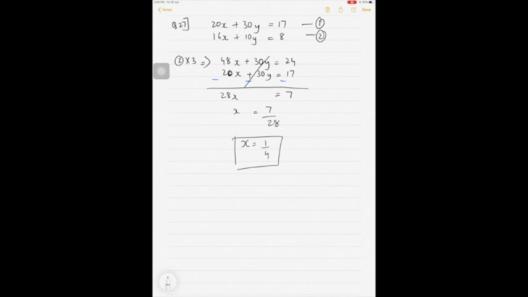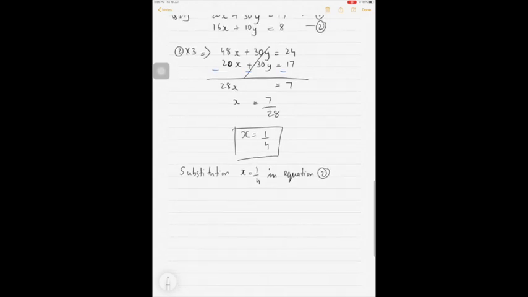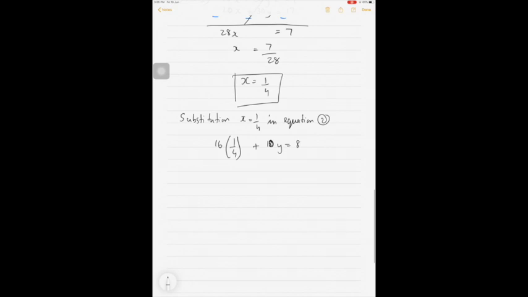So when you know the value of x, you have to find the value of y. Just substitute it. I'll substitute this in equation 2. Substituting x is equal to 1 by 4 in equation 2: 16 into 1 by 4 plus 10y is equal to 8.